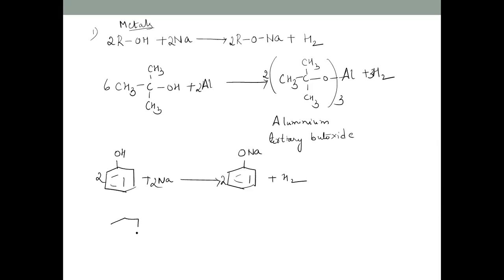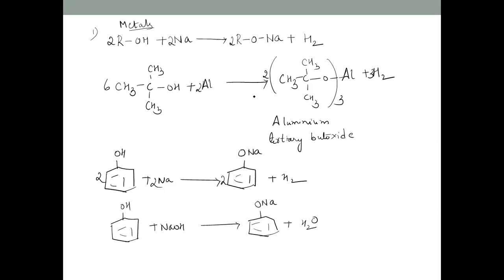In addition to this, phenols can also react with sodium hydroxide, resulting in the formation of, again, sodium phenoxide and water. So all these reactions show that alcohols and phenols are acidic in nature.